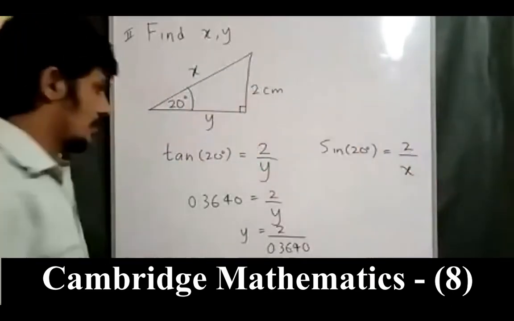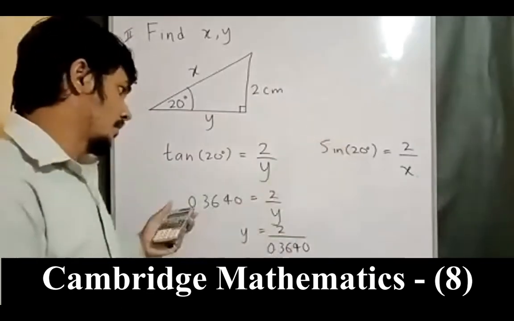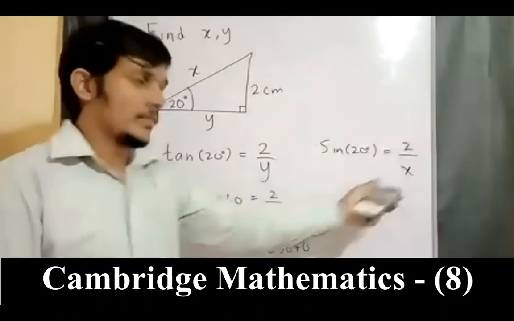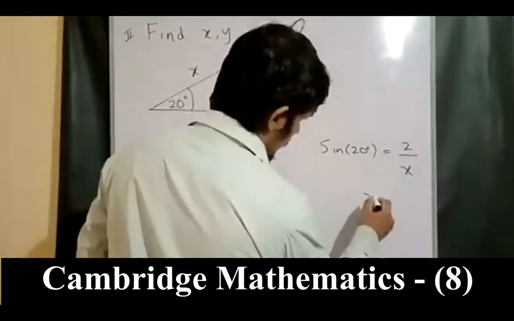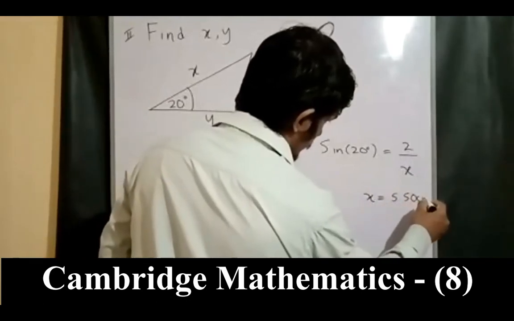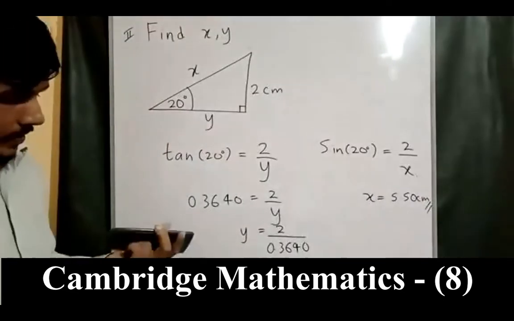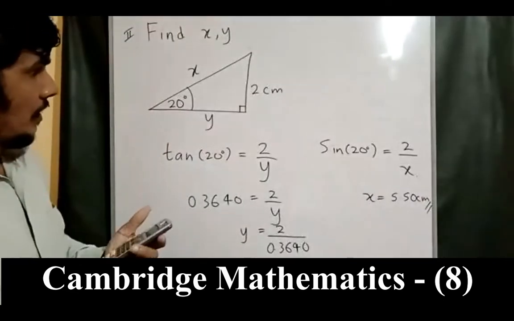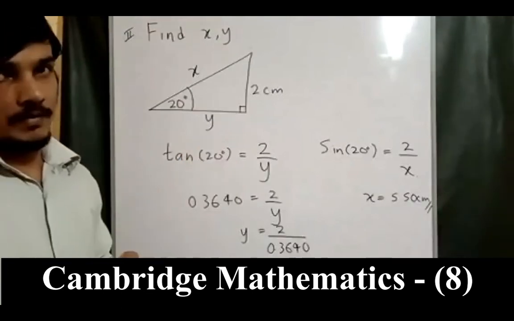Again the same thing: sine 20 will be the same value, 2 over x, here we had 2 over y. If you simplify at last, you will get the same answer, 5.50. So this is the beginning of questions by applying sine, cos, tan ratios.